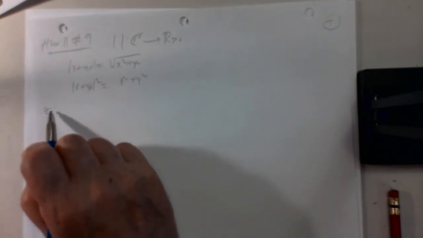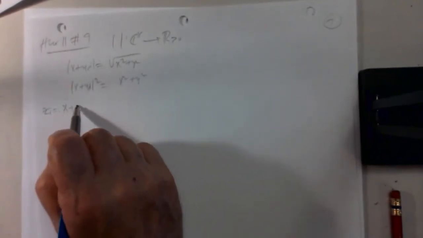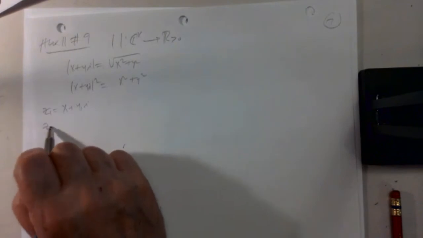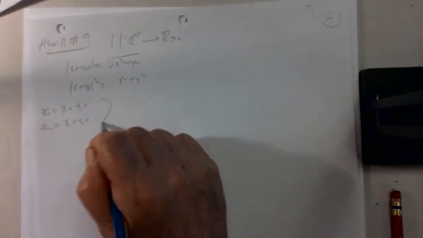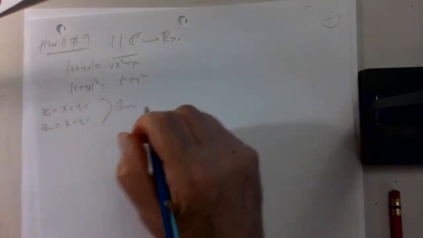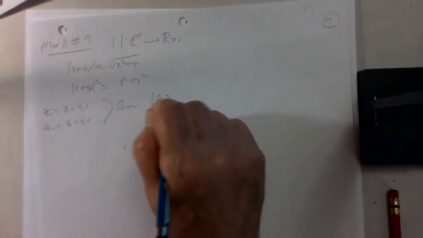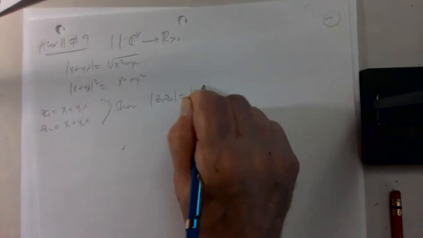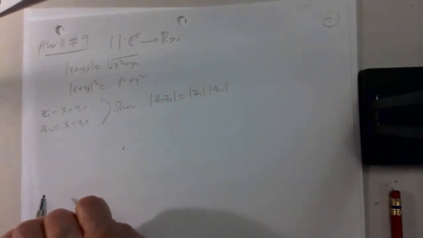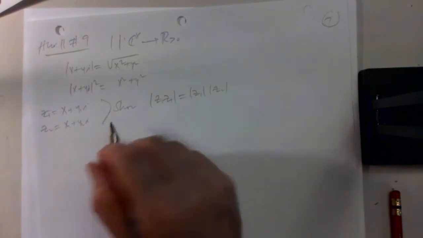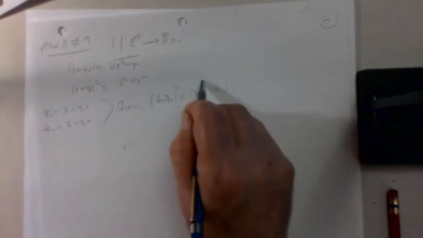That's the same thing. So suppose we take two complex numbers. Let's say z1 is x1 plus y1i, and z2 is x2 plus y2i. So we want to show that the absolute value of z1 z2 is the absolute value of z1 times the absolute value of z2, right? Which is the same as saying that the squares are equal. Just take the square root.